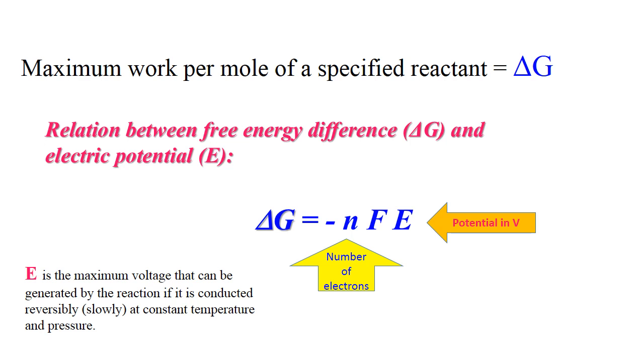E potential is the maximum voltage that can be generated by a reaction if it's conducted slowly, reversibly at equilibrium at constant temperature and pressure. The sign of minus comes from an agreement on which way the number will change. You can put plus here, but then your potential will have the opposite sign. There is an international agreement that we put minus in this equation.